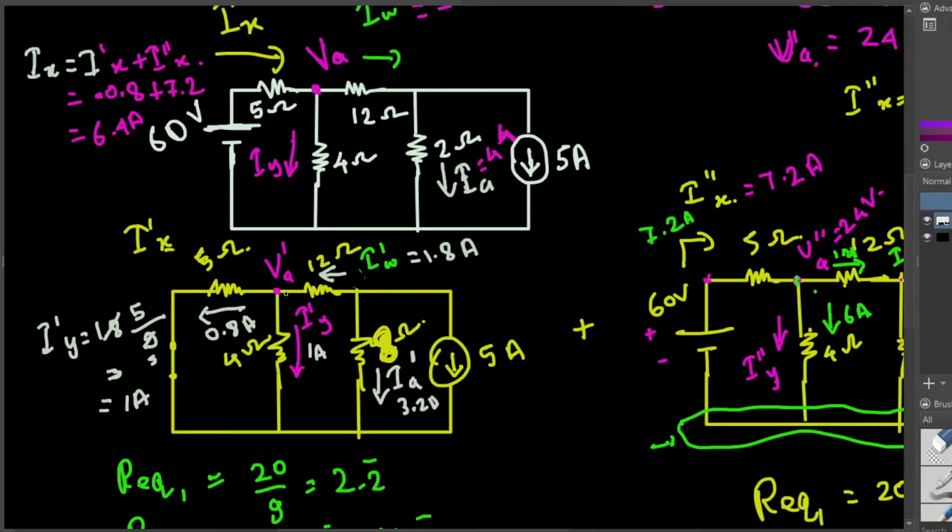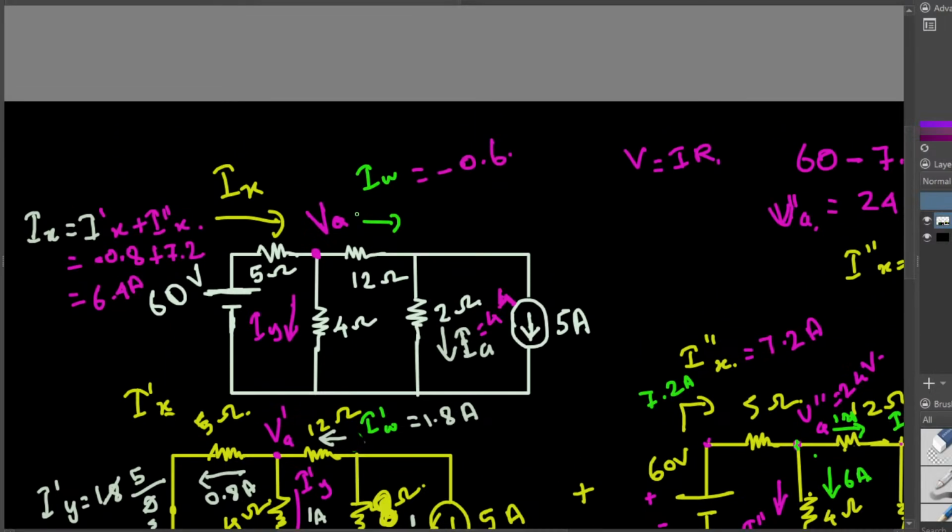The current through this is VA prime minus 0 divided by the resistance in between, that's 4 ohm, that is equal to 1 ampere. Therefore VA prime is going to be equal to 4 volts right here. So this is 4 volts, and adding this one, 4 plus 2.4, that is 6.4 volts. So the original voltage is 6.4 volts.